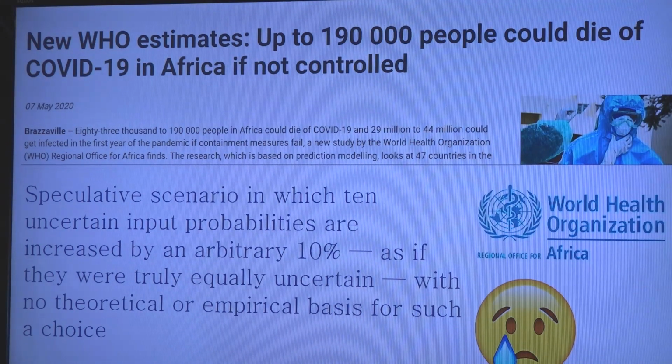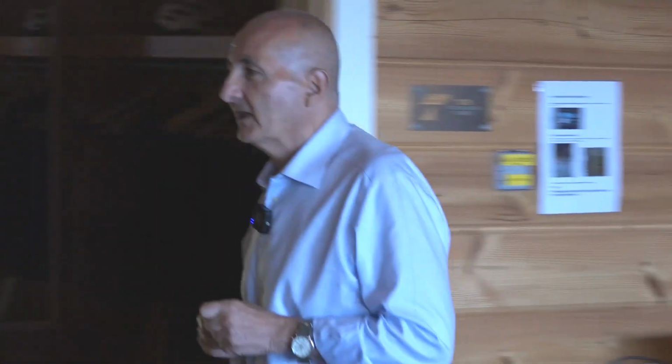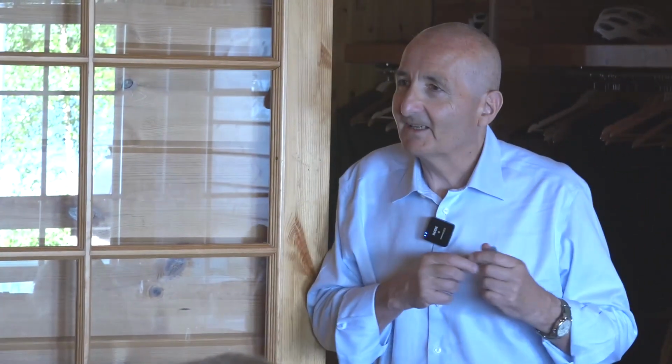If you are so ignorant about your parameters that you believe that they are all uncertain by 10%, it's not even worth doing an uncertainty analysis because you don't know anything. You can claim that you did it at least. That's the point. I guess it's done in some cases just because somebody is asking for it and you just do it, whatever.